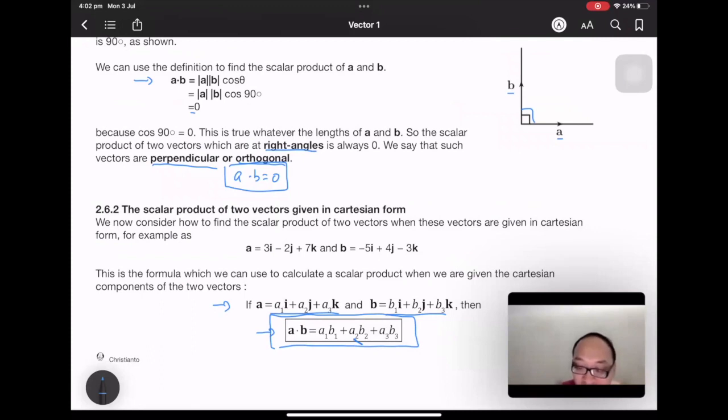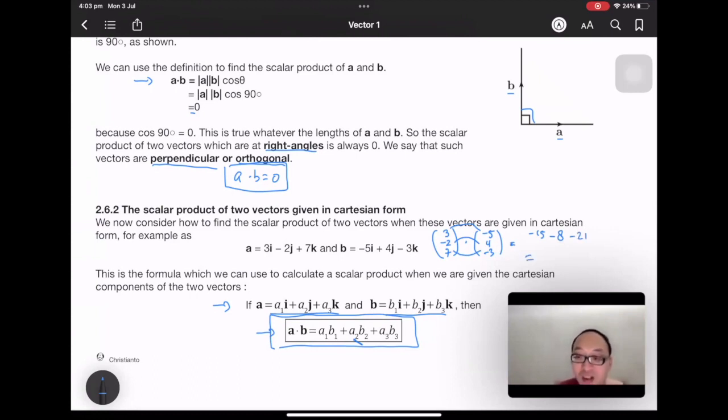Let us check again. A is (3, negative 2, 7) dot B (negative 5, 4, negative 3). It is a multiplication of the components. So 3 times negative 5 is negative 15. Negative 2 times 4 is negative 8. And 7 times negative 3 is negative 21.